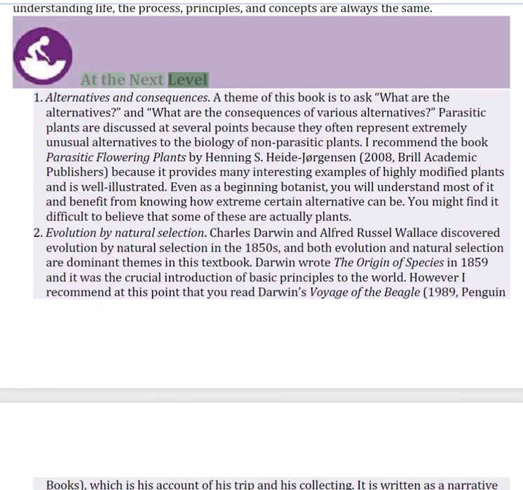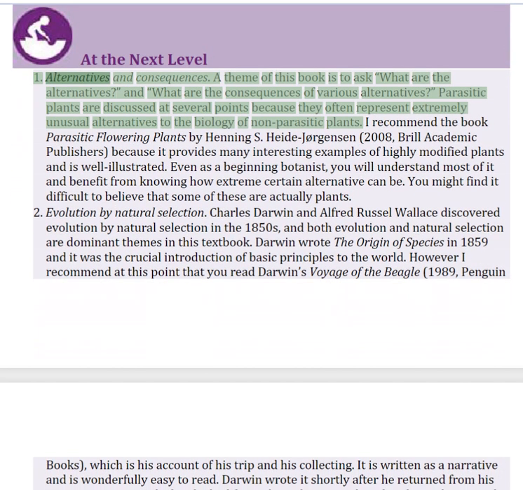At the next level. 1. Alternatives and consequences. A theme of this book is to ask what are the alternatives, and what are the consequences of various alternatives. Parasitic plants are discussed at several points because they often represent extremely unusual alternatives to the biology of non-parasitic plants.